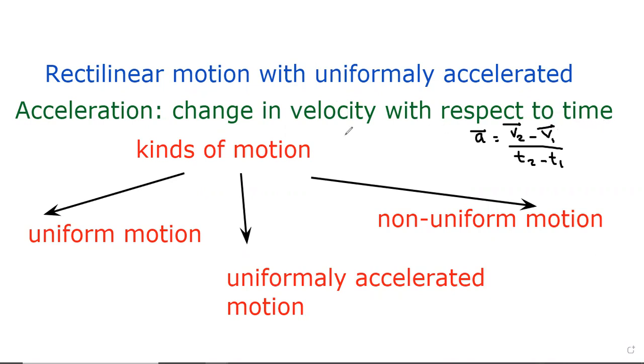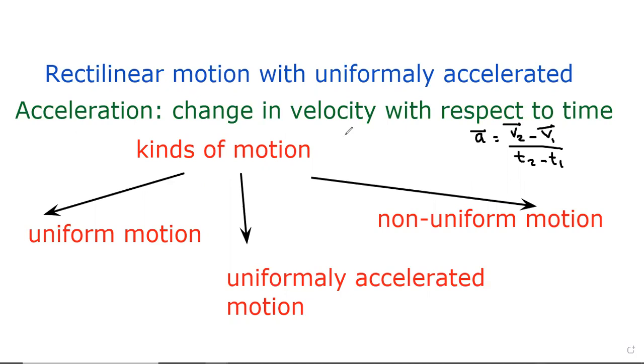What are the kinds of motion? Actually, we have three types of motion. The first type is uniform motion. The second type is uniformly accelerated motion. And the third type is non-uniform motion. What is uniform motion?